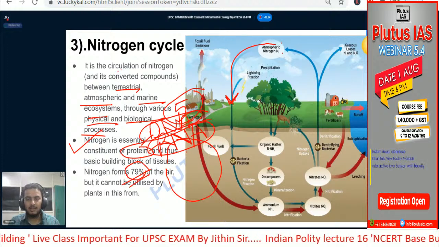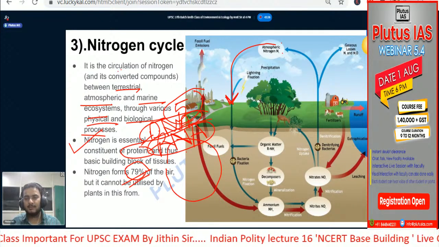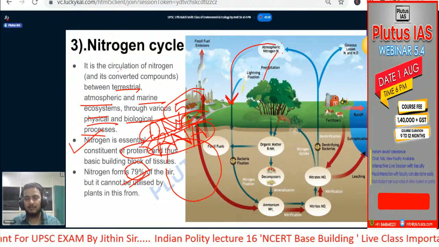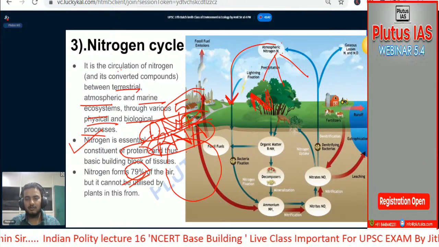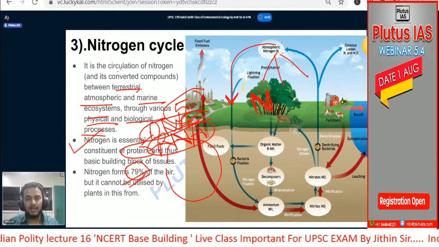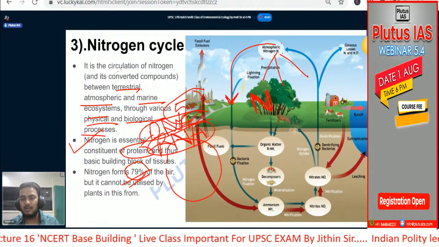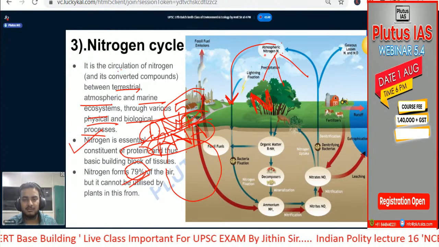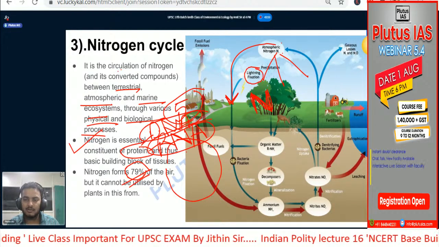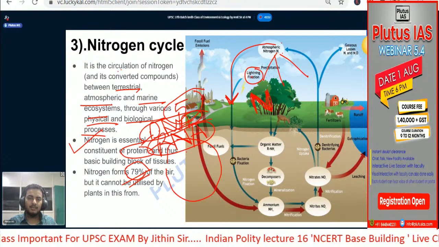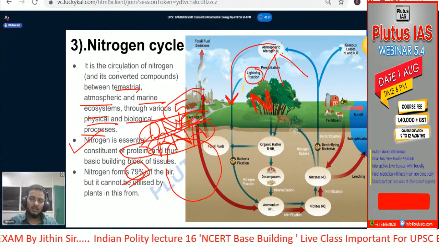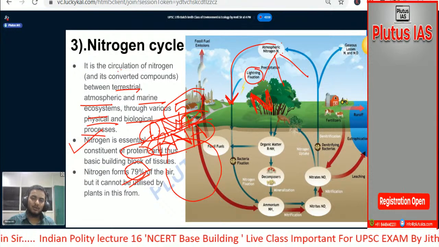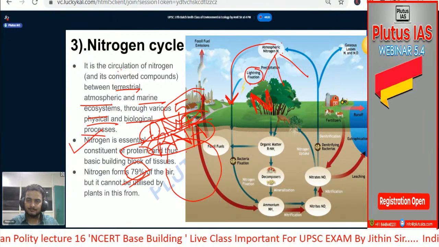And how does this conversion take place? It takes place by three methods. One is natural, by climatic processes like lightning. Some amount of lightning leads to conversion of nitrogen into ammonia, which is absorbed by soil.